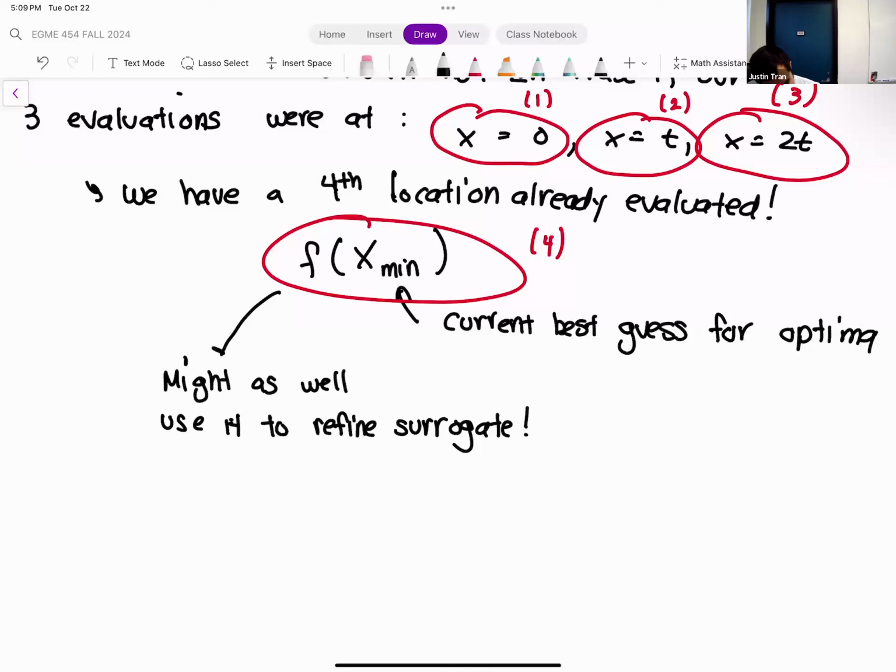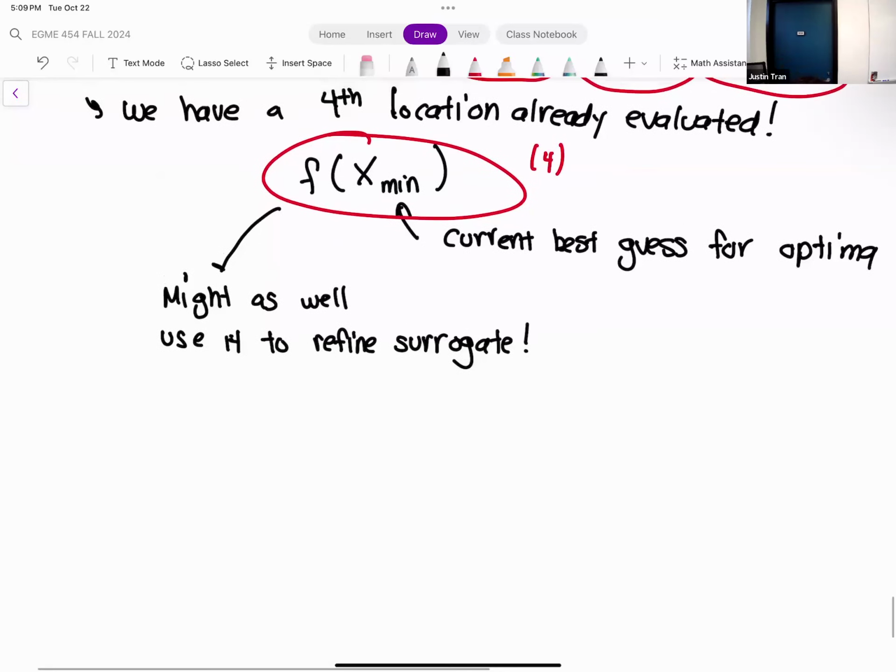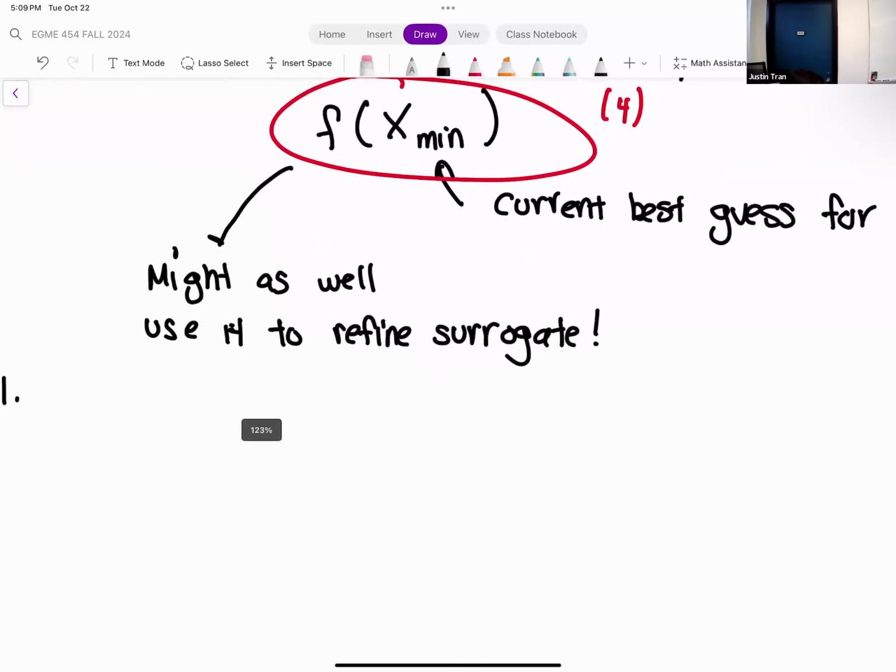Of course, there are different cases here, so this is another case where we have case 1, case 2, case 3, and case 4. Let's go over case 1.